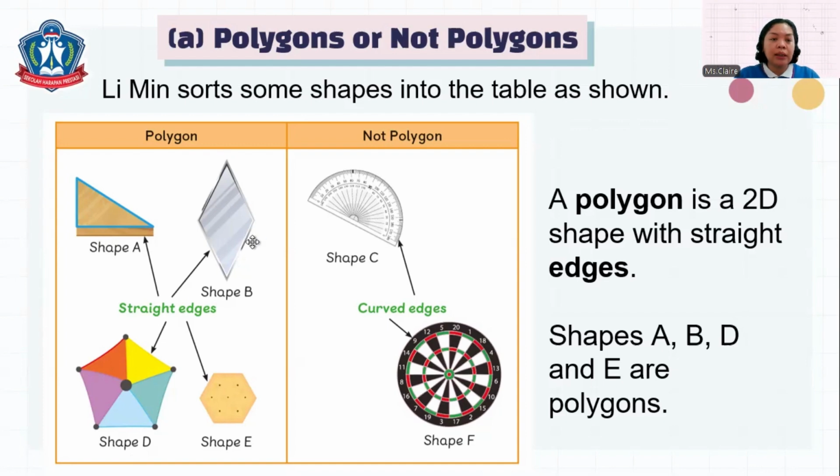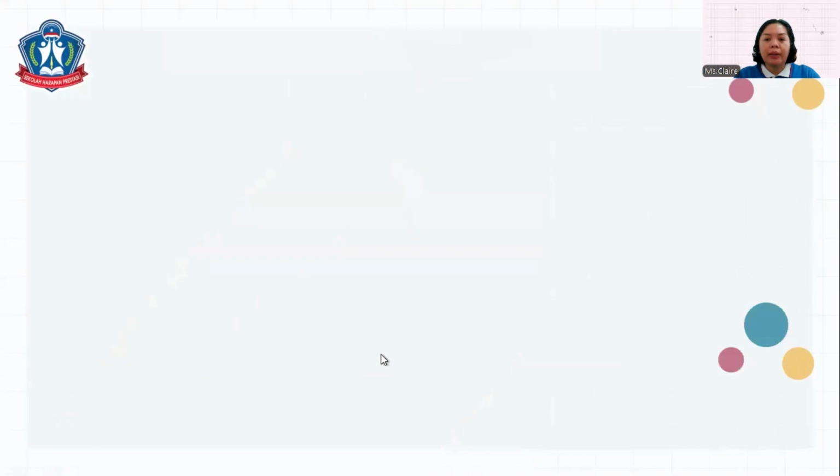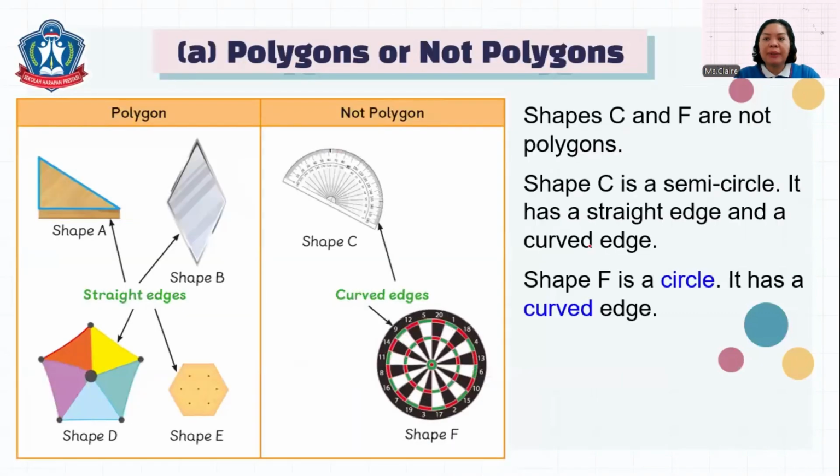These are triangles. This is a mirror. Then we have an umbrella in the shape of a pentagon, the shape D, and shape E is a hexagon.